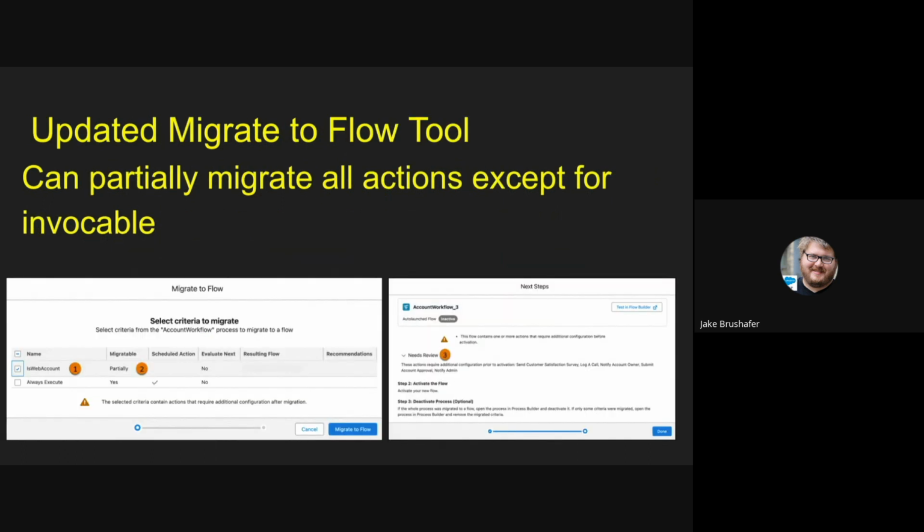If you are still utilizing workflow rules and process builders, there is an updated migrate to flow tool that can basically partially migrate all actions except for invocable methods. So if you're using those things beforehand, they updated the tool to basically support any migration. So if you haven't migrated all your workflow rules and process builders yet, they've enhanced the tool to make that process a little bit easier.